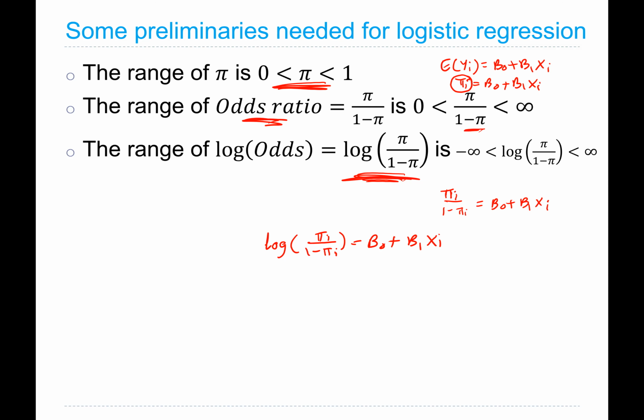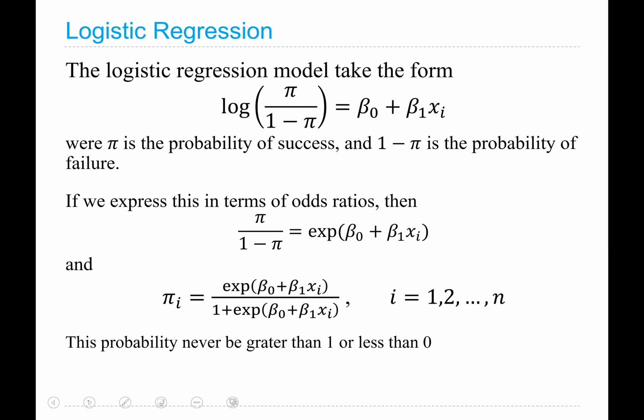So I shouldn't use the simple linear regression, and I shouldn't use the odds ratio only as a response variable. You should use the log of the odds ratio as a response variable. If you estimated beta 0, beta 1 for this equation, it will be much better than the simple linear regression.